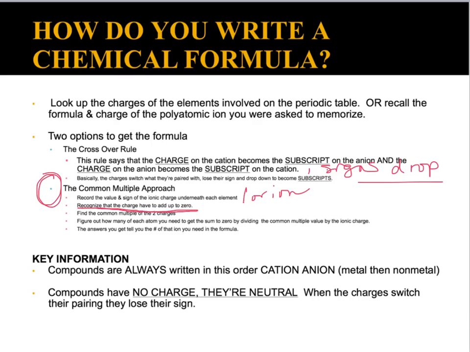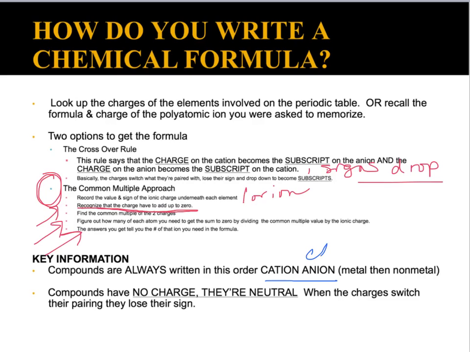Okay, this is the approach that I will be using, but for some of you who need to see or want to see another approach, I will show the crossover rule in class in smaller groups. Couple of things that you do need to keep in mind when you're writing a formula. First of all, formulas are always written the metal, then the nonmetal, or the cation and then the anion.